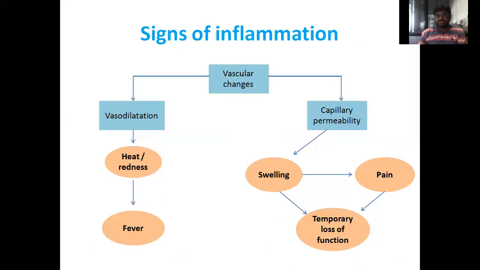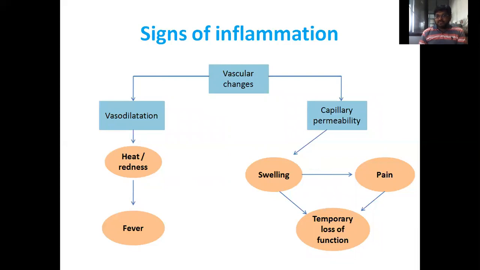Signs of the inflammation, as I said earlier: the vascular changes, vasodilation, heat or redness, and the fever are the symptoms of the inflammation, while with the capillary permeability, there are swelling, pain, and temporary loss of function. Redness and heat, for example, in a burn, and the swelling if someone is bitten by a rodent or something.